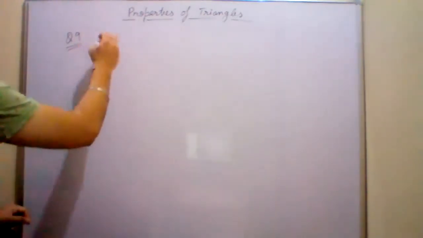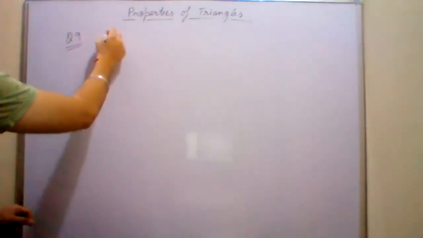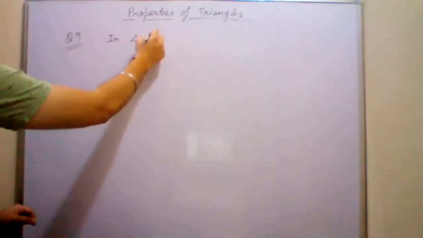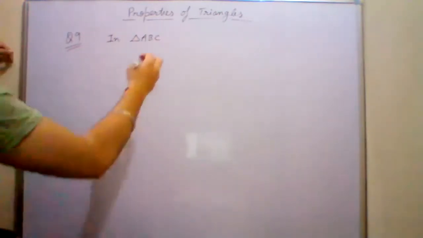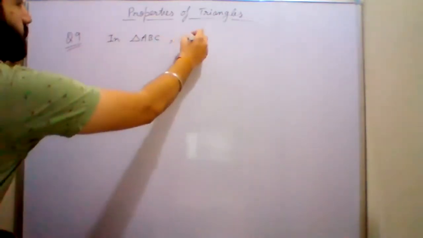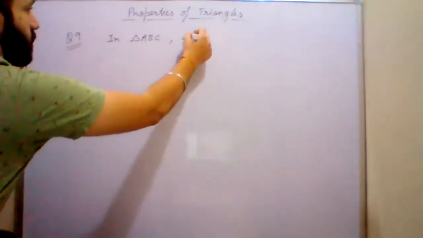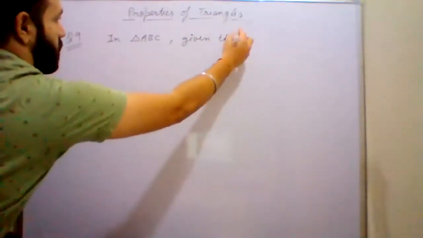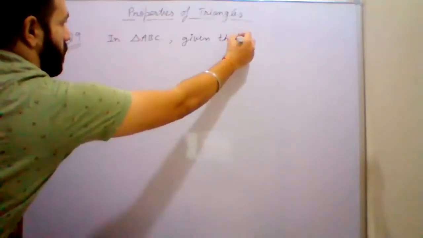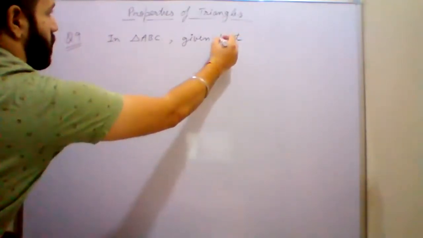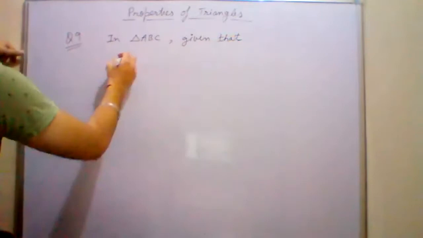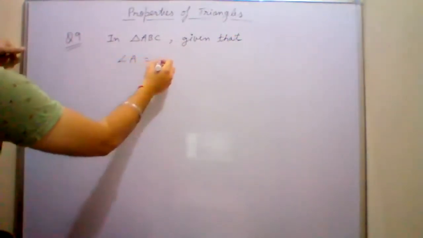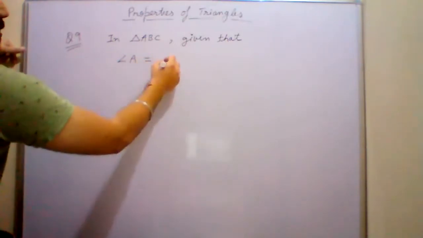So in triangle ABC, let us assume that the triangle is ABC, and what is given? Given that angle A, one of the angles, is equal to the sum of the other two angles.